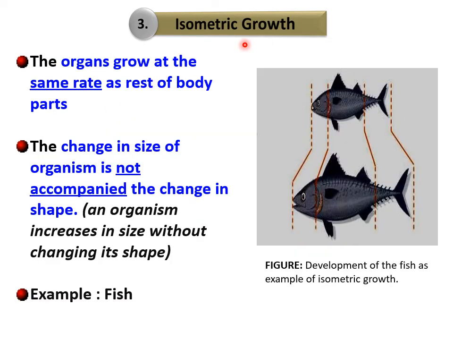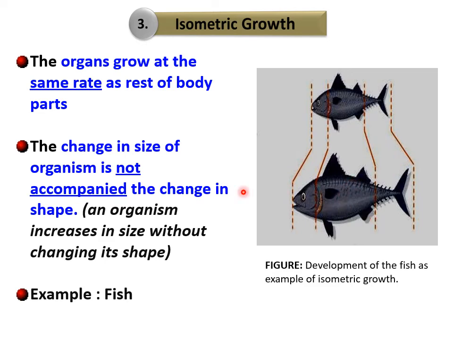For isometric growth, the organs grow at the same rate as the rest of the body parts. The change in size of the organism is not accompanied by a change in shape. That means an organism increases in size without changing its shape.